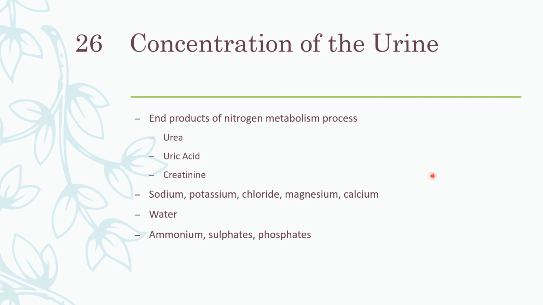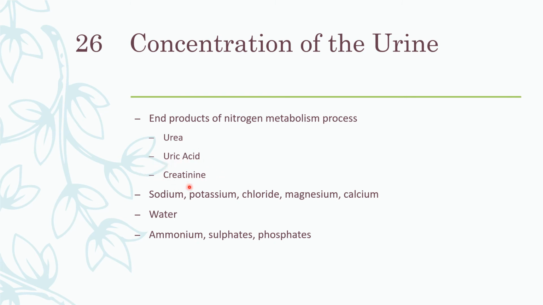Okay. So when we look at the concentration of urine, again, we're looking at the end products of nitrogen metabolism processes, and again, these end products come from the breakdown of proteins or amino acids, and this will include urea, uric acid, and creatinine.